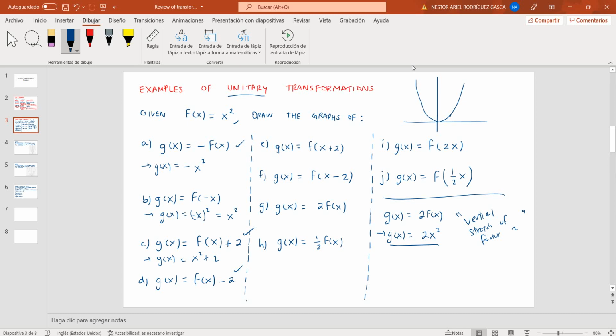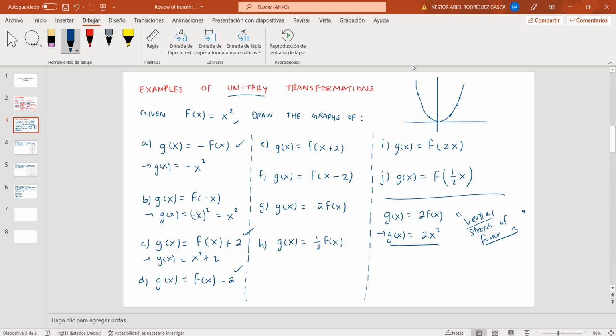Something is happening to all of these points, in particular to their y coordinates. As you remember, every point has two coordinates, the x and the y coordinate. And when you're applying a vertical stretch of factor 2, what you're transforming is only the y coordinate of each of these points. What you're doing is multiplying their y coordinate by 2.